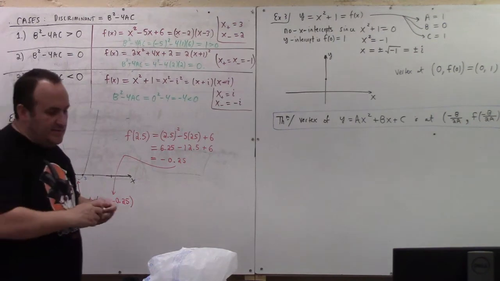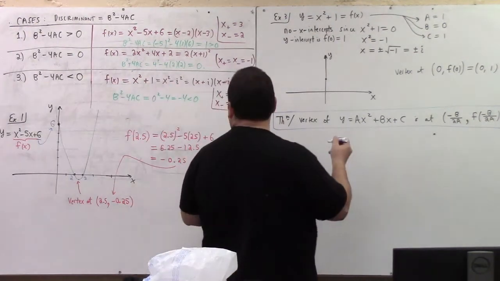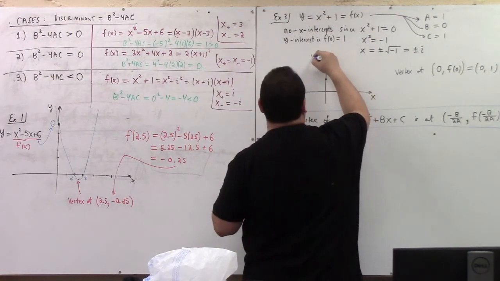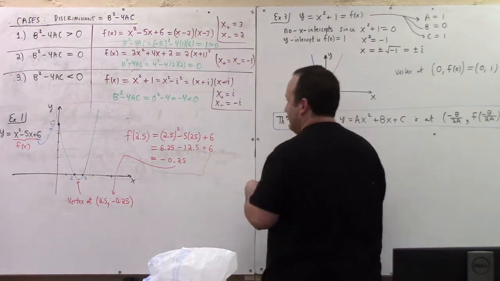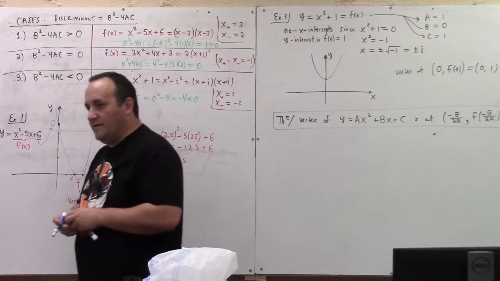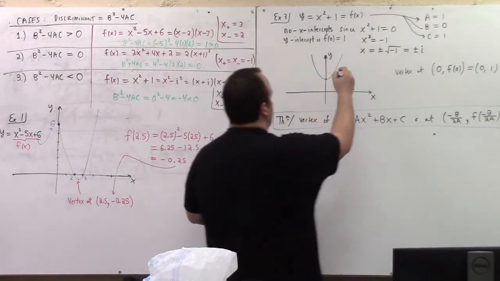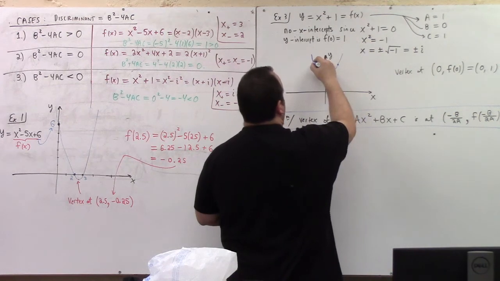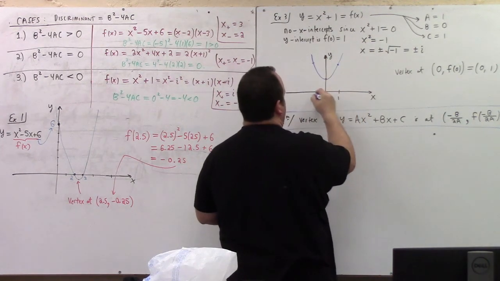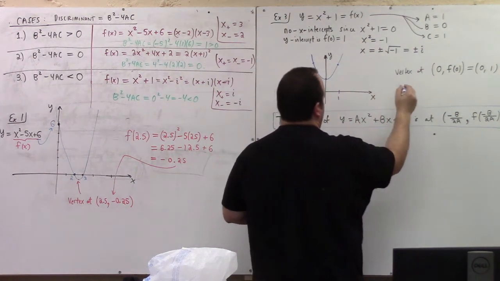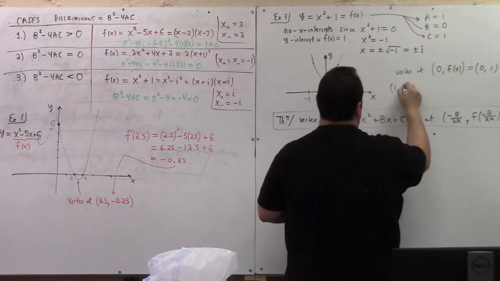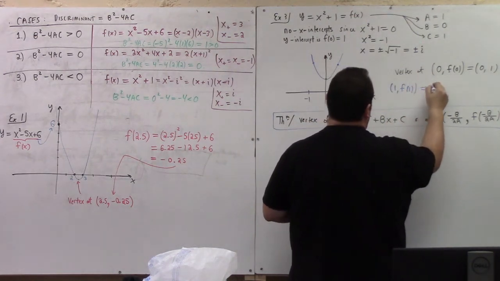And so what that means is that the graph looks like this. You can make the graph more detailed by plugging in more points. If you plug in plus or minus 1, you get 2 on the graph. How do I figure out what those are? 1 comma f of 1 would be another point on the graph.